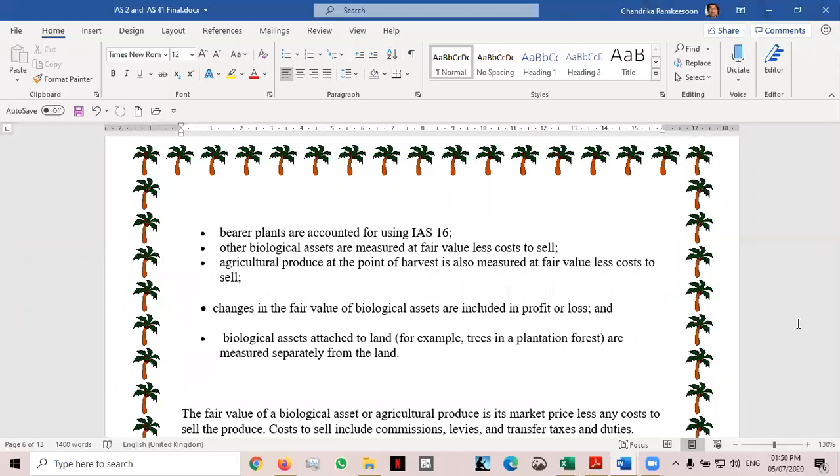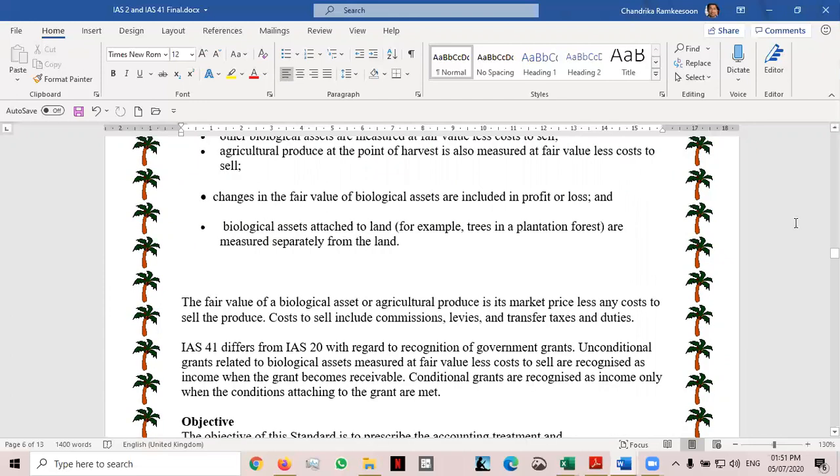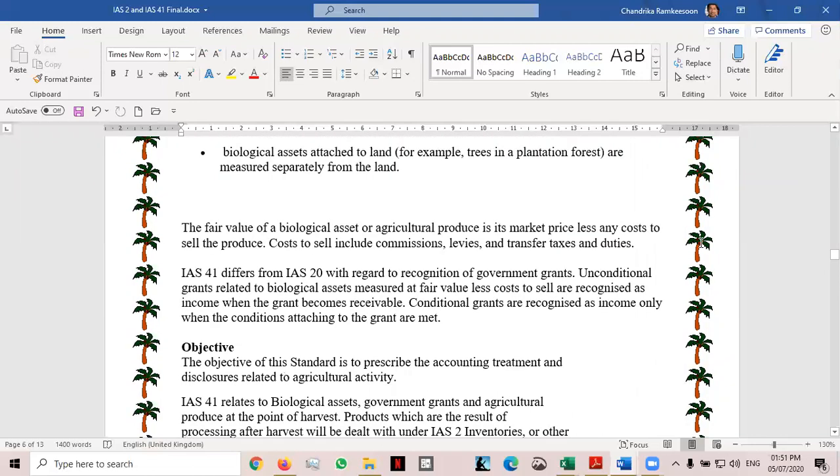The fair value of a biological asset or agricultural produce is its market price less any cost to sell the produce. Now we've been seeing this over and over, that the valuation is market price less cost to sell. Cost to sell will include commissions, levies, transfer taxes, and duties.